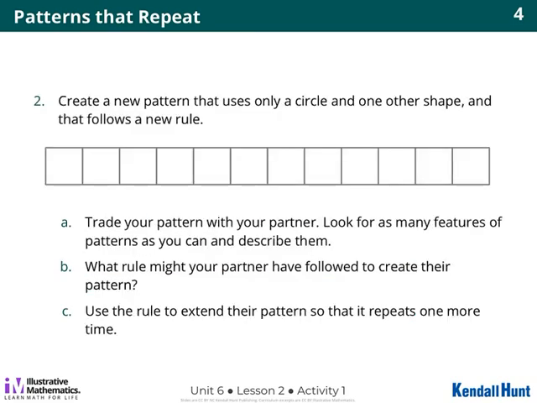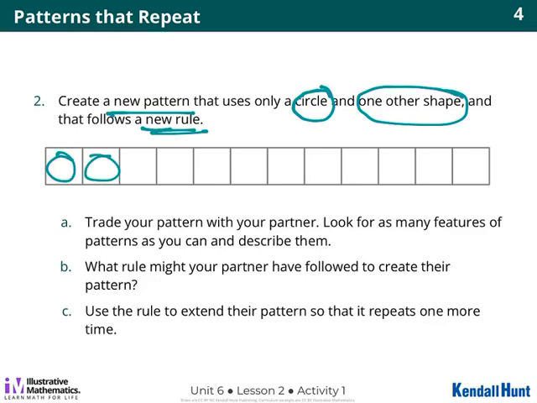After that, you're going to create a new pattern that uses only a circle and one other shape and follows a new rule. So do you guys see how these boxes are empty? Yes. You're going to make up your own pattern. Does that make sense? Okay.